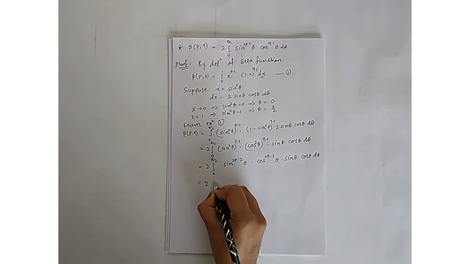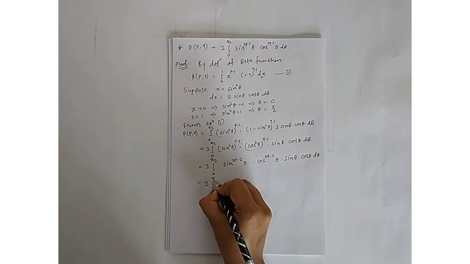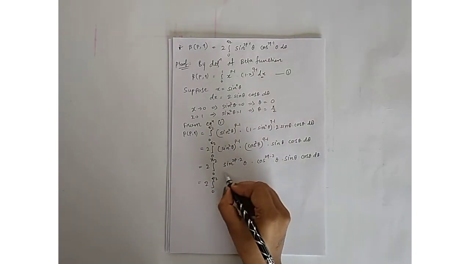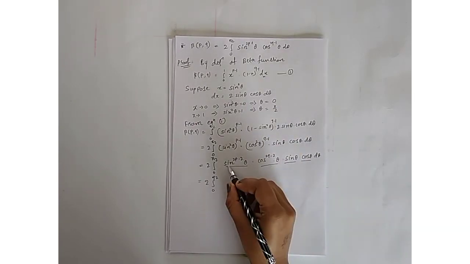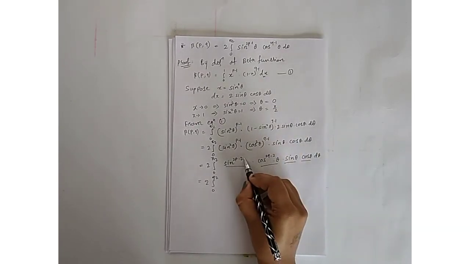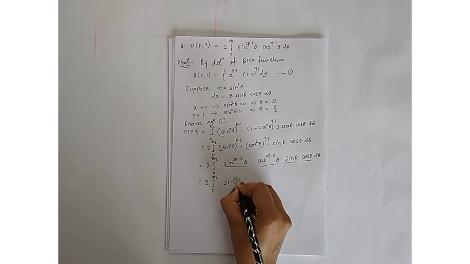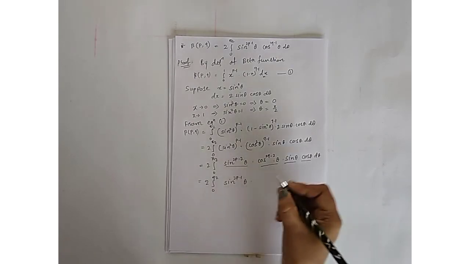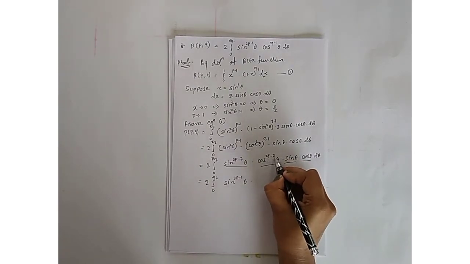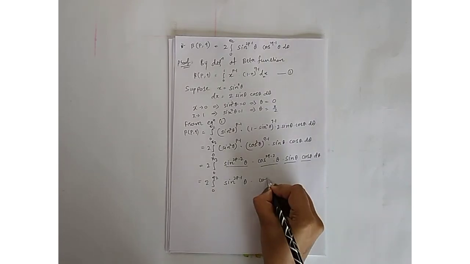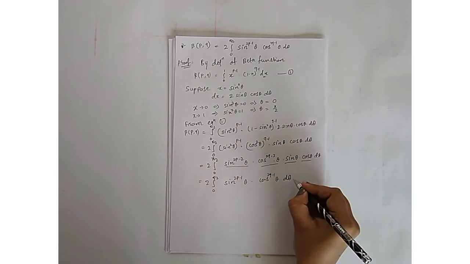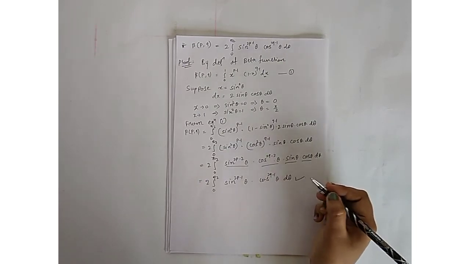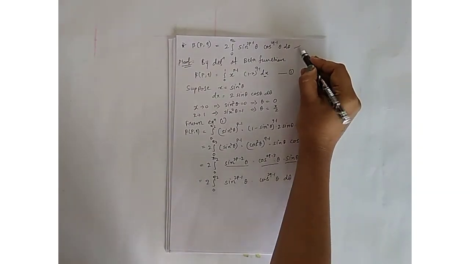So it is equal to 2 into integration with limit 0 to pi by 2 of sine to the power (2p minus 2 plus 1), that is 2p minus 1 theta, into cos to the power (2q minus 2 plus 1), that is 2q minus 1 theta, into d theta. This is another form of beta function.